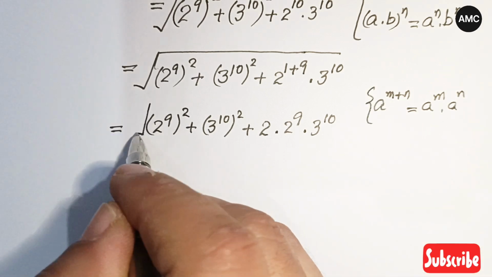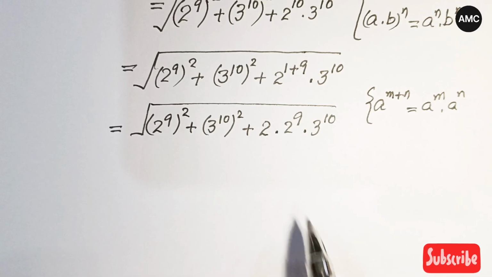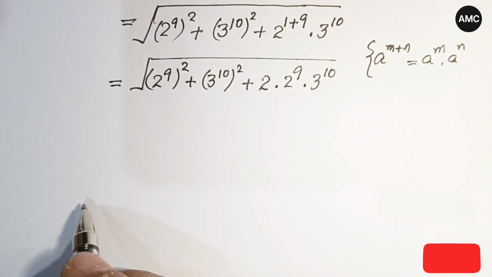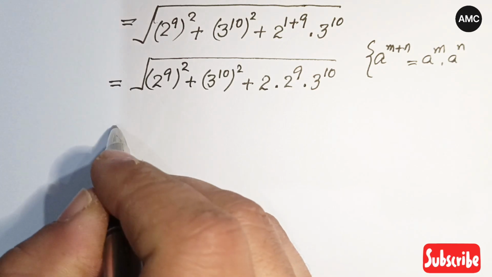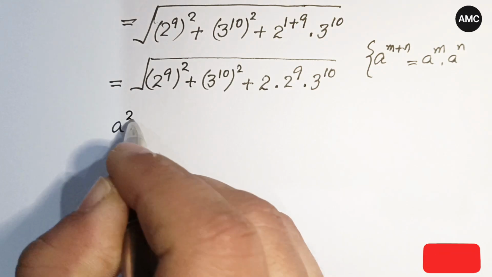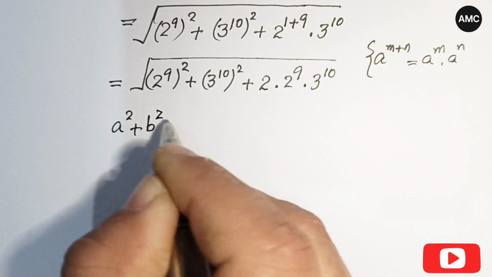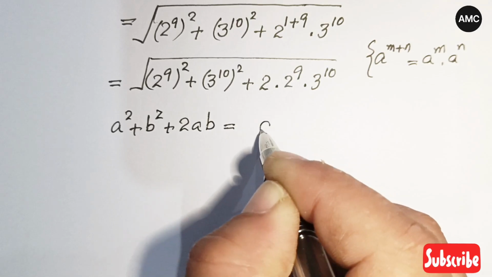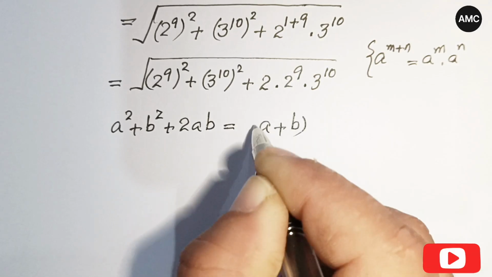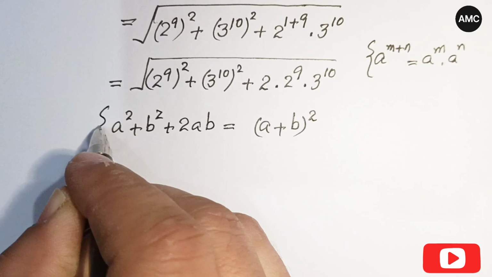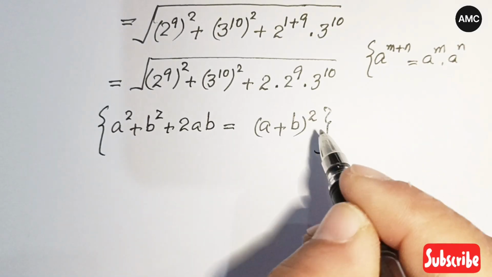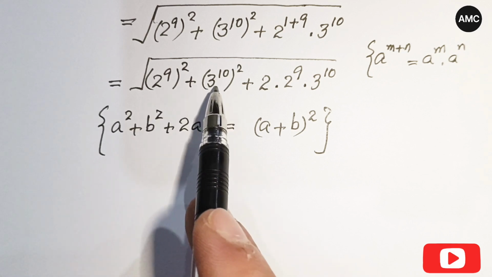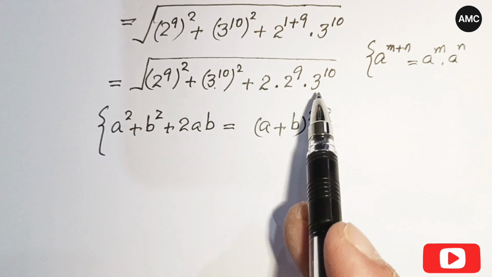So whole square root. Now here we see that according to the algebraic formula, a squared plus b squared plus 2 times a times b is equal to a plus b whole squared. So applying this formula here, we have a squared, b squared, plus 2 times a times b.